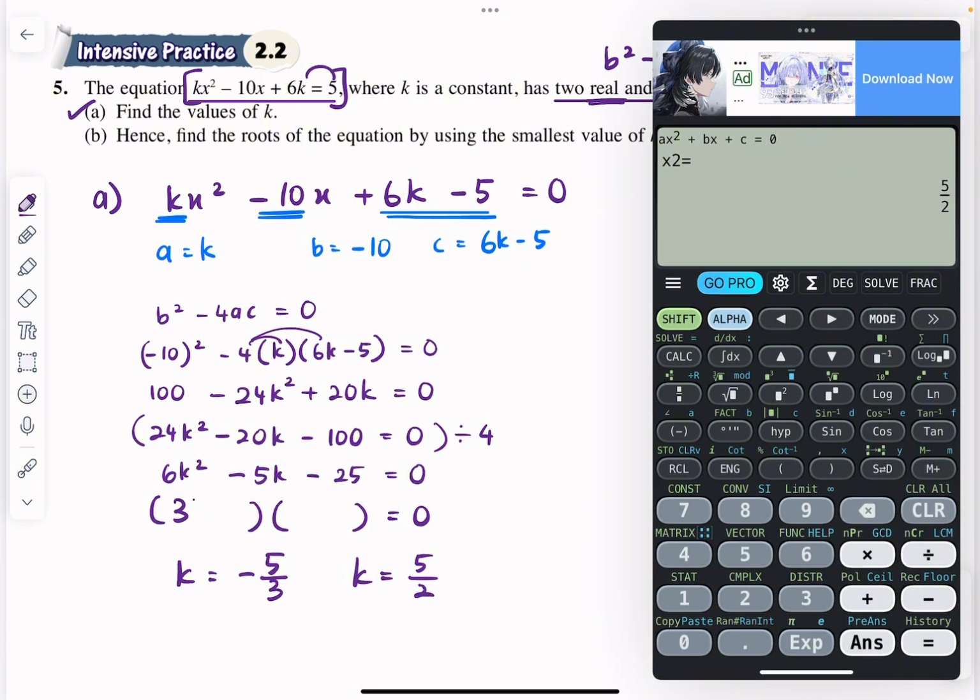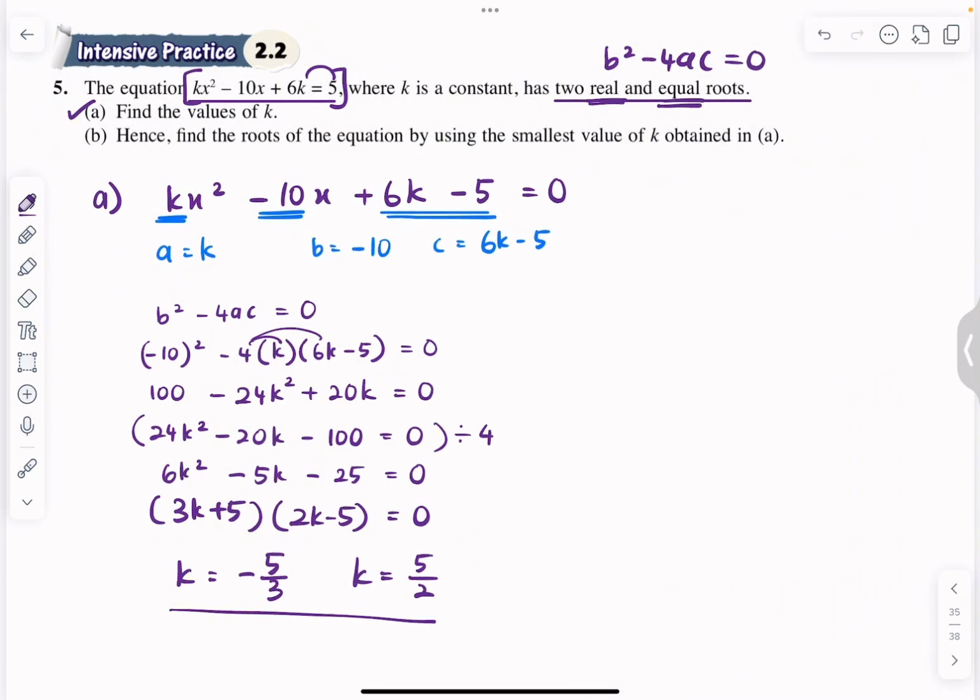So this will be 3k plus 5 and this will be 2k minus 5. And these will be the values of k. Done. So I write it here, k can be negative 5 over 3 or 5 over 2.